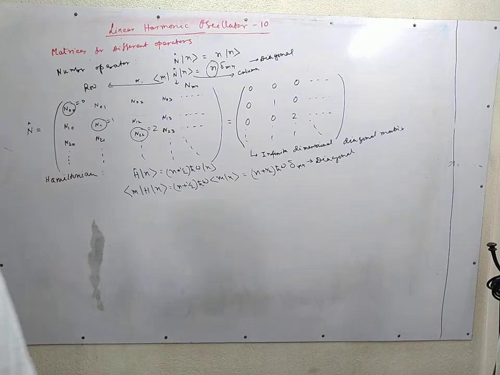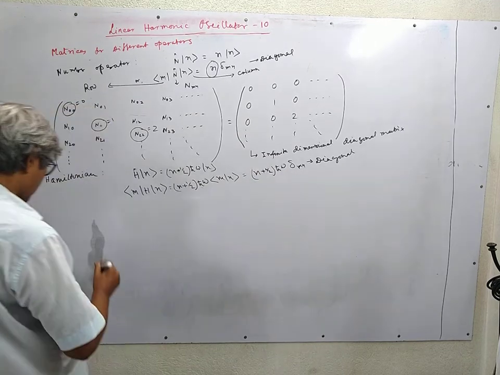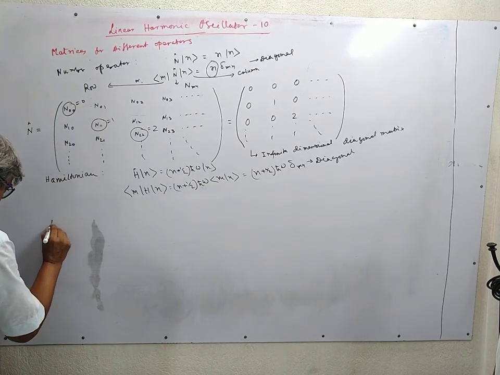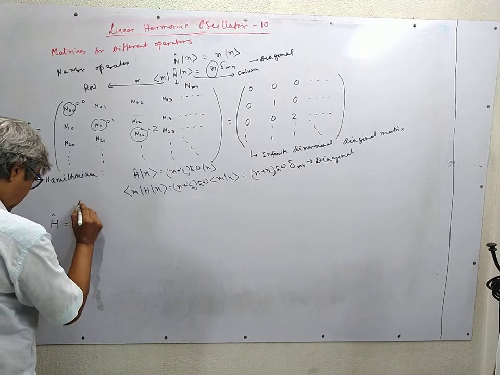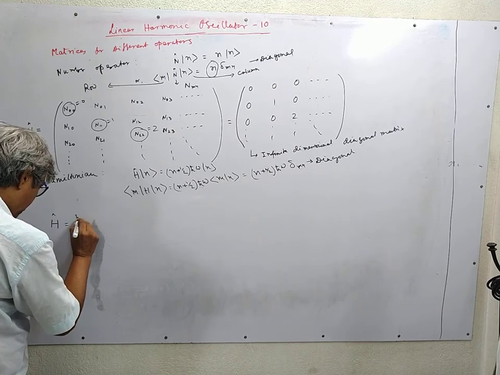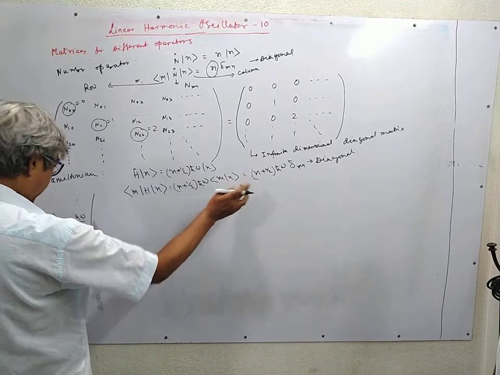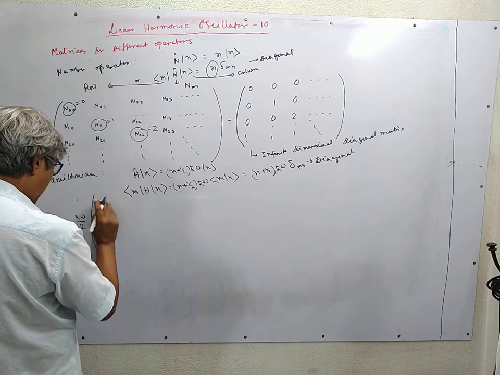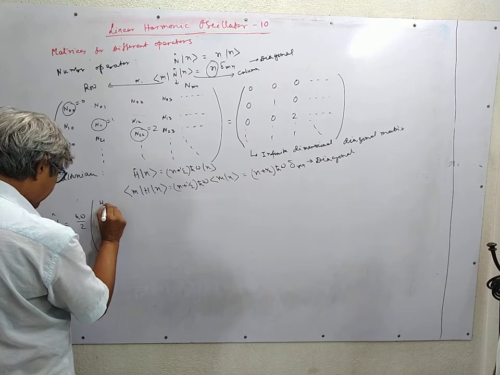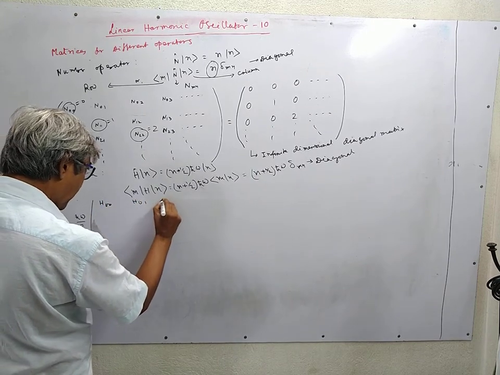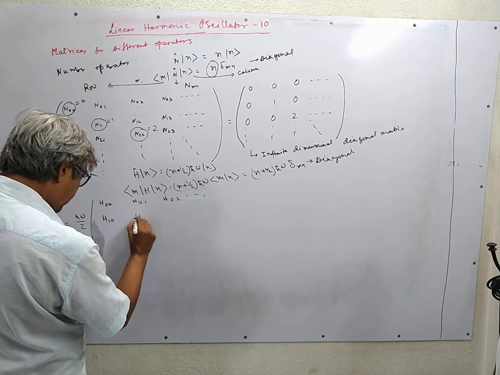So if we want to write the Hamiltonian, when n is equal to 0, it is half h cross omega. So we write the Hamiltonian operator taking h cross omega by 2 common. The first term is h00, then h01, h02, h10, h11.